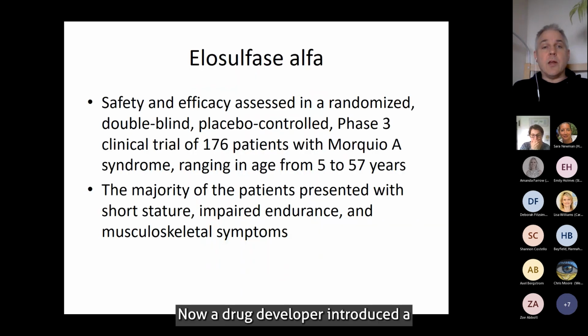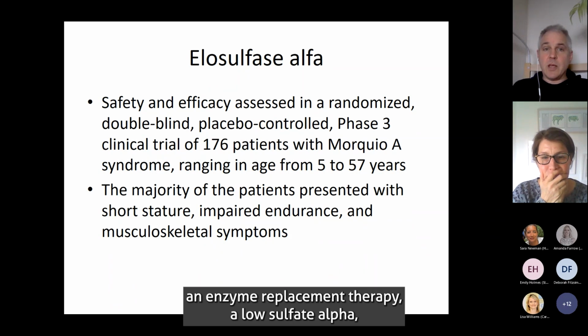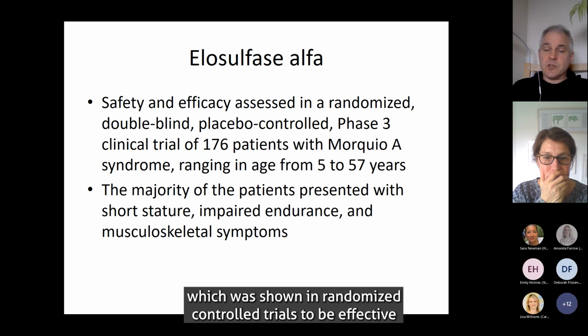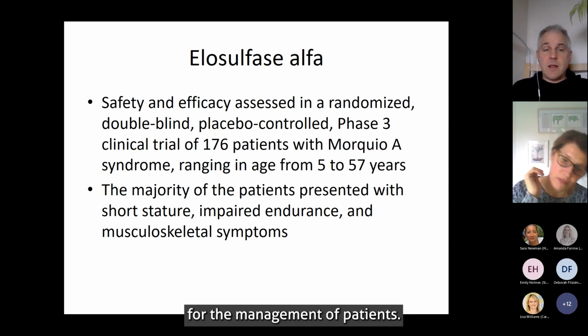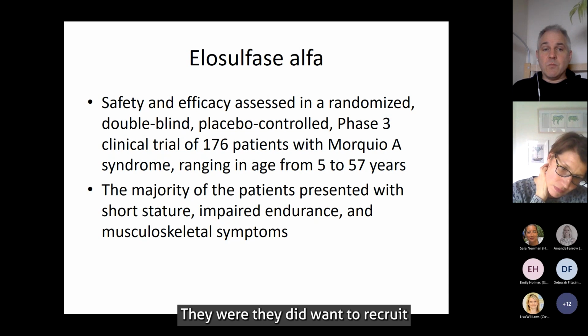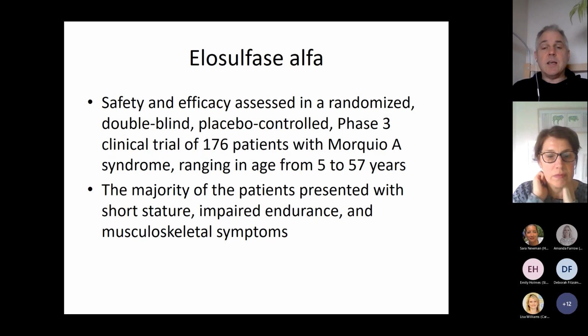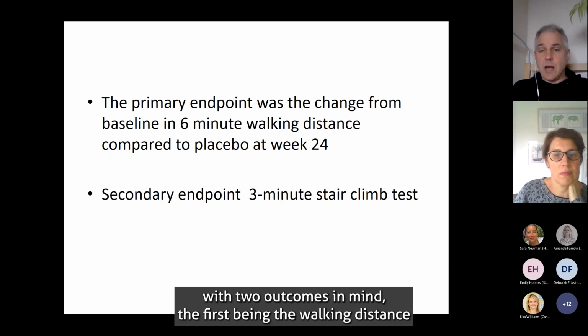Now, a drug developer introduced an enzyme replacement therapy, elosulfase alfa, which was shown in randomized controlled trials to be effective for the management of patients. They did wonders to recruit 176 patients with this particularly rare condition, and they tested the drug with 2 outcomes in mind.